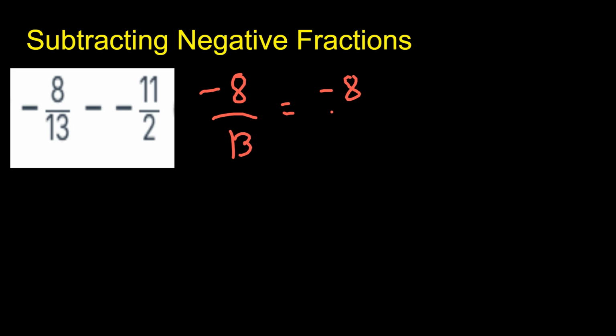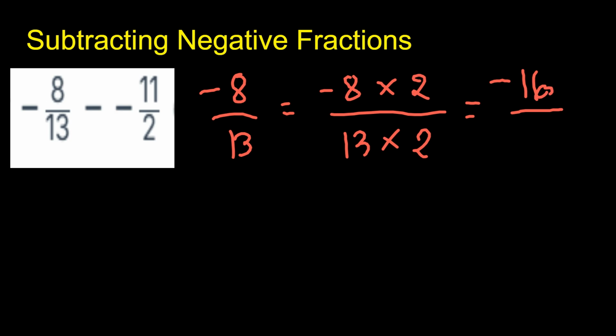We multiply both the numerator and denominator by 2. What is negative 8 times 2? That would be negative 16. And 13 times 2 would be 26.